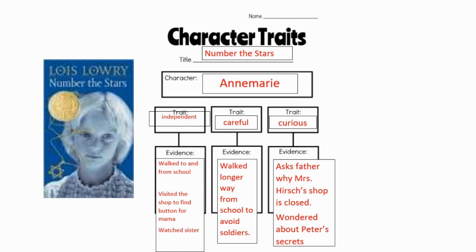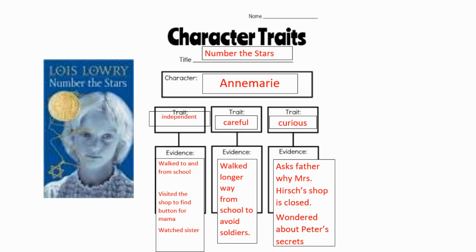She walks to and from school with Ellen and Kirsty without any adults with her. She also shows independence because she volunteered to visit the shop of Mrs. Hirsch to find a button for Mama, and she's willing to do this without adult help. Also, another piece of evidence is she was asked by her mother to watch her sister. So, even though she's only 10, she shows a lot of independence.